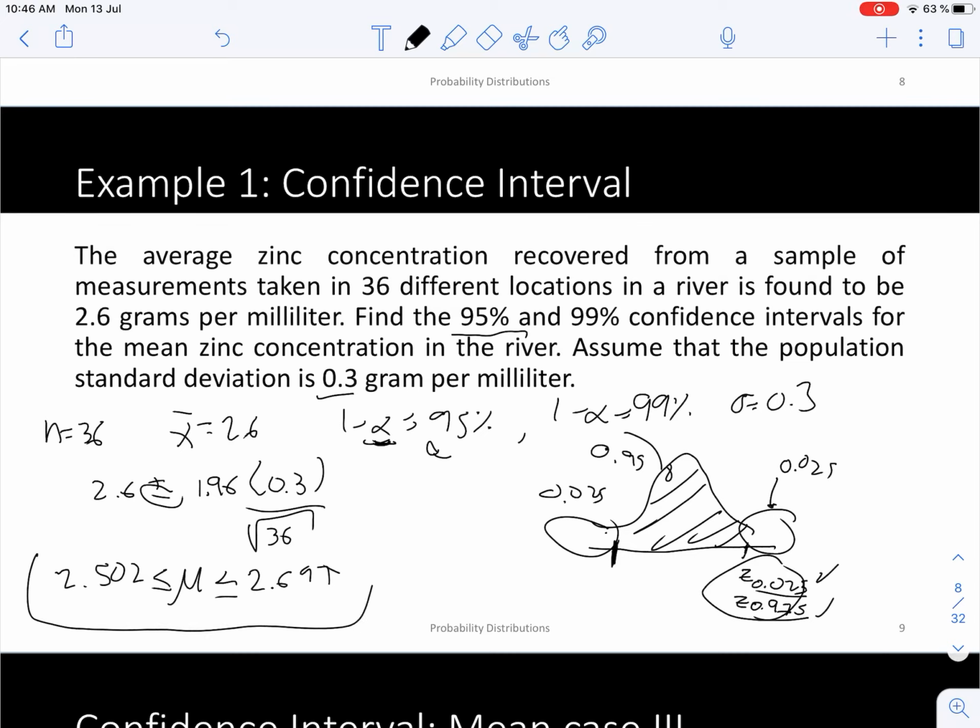So what is the interpretation of this limit? It says that with a confidence level of 95%, the parameter is between 2.502 and 2.697, right?